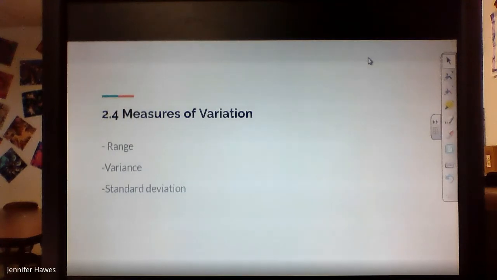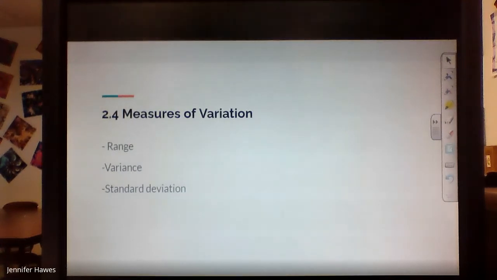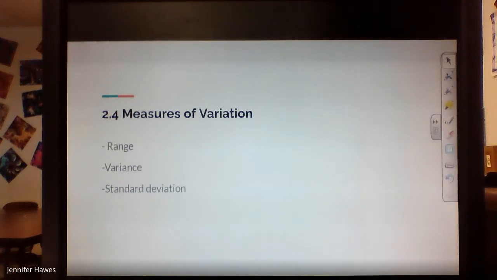Okay, so then I gave you a little video there talking a bit about variance and standard deviation. They said they use variance and standard deviation. Variance would have its own place, but most of the time we talk about standard deviation.